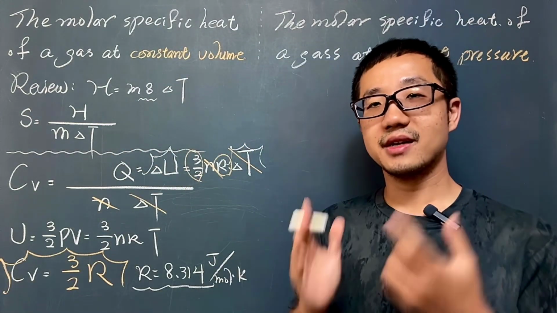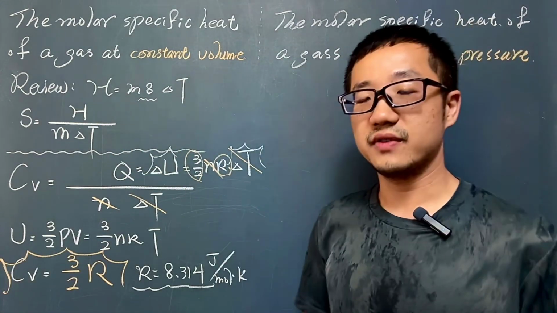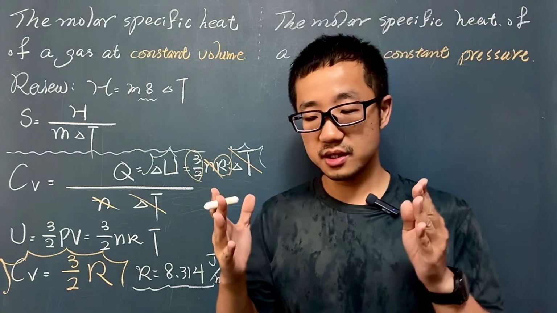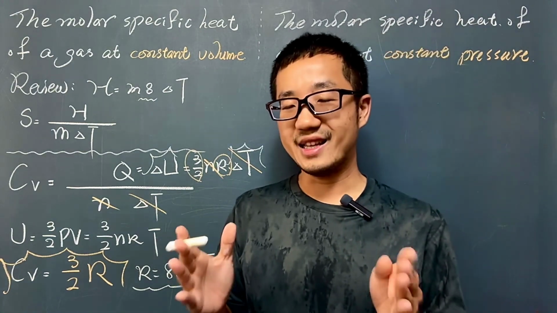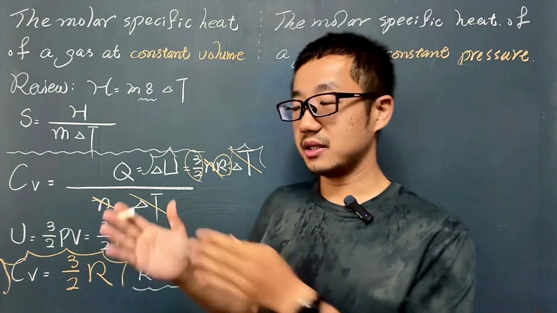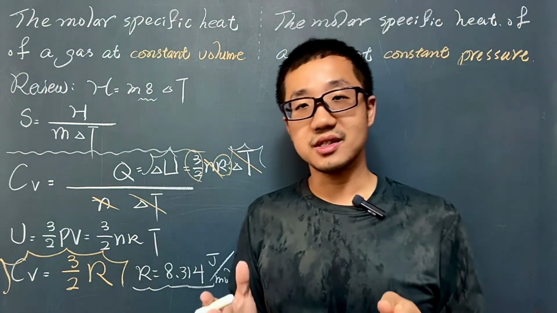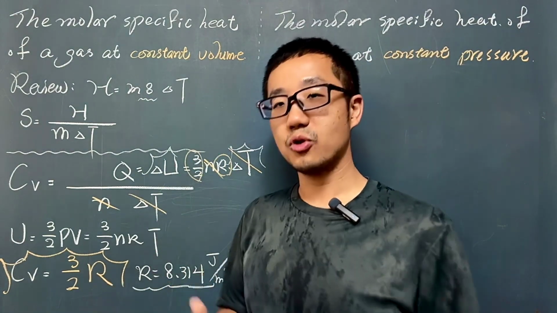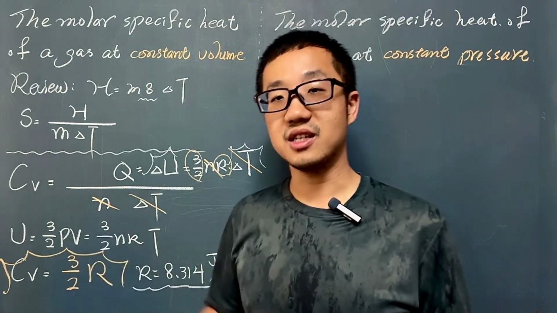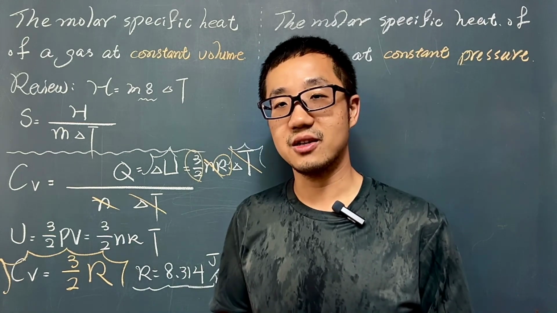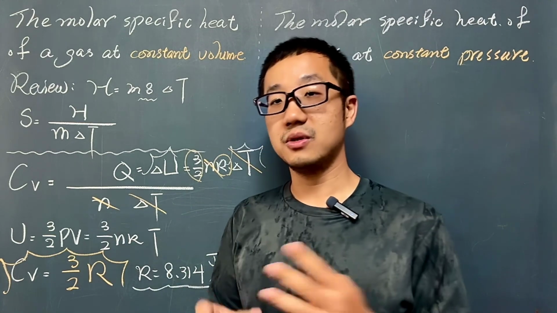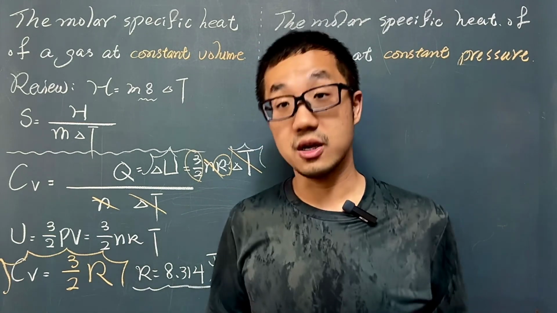Alright, this is the concept of molar specific heat. Because the container cannot be expanded, the whole volume is a constant, so all the energy you absorbed will be transferred to the change in kinetic energy. And the kinetic energy for an ideal gas is the internal energy, right?